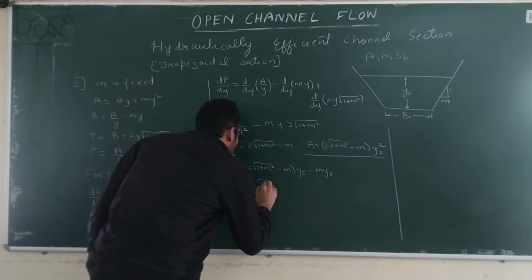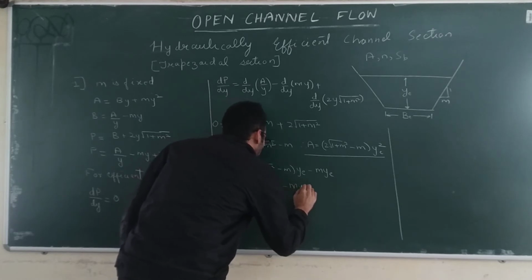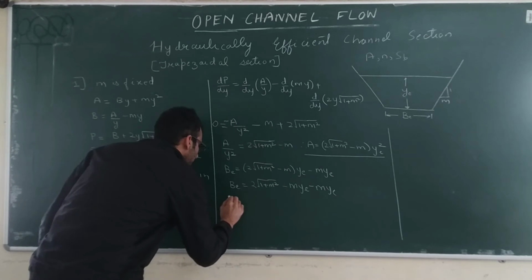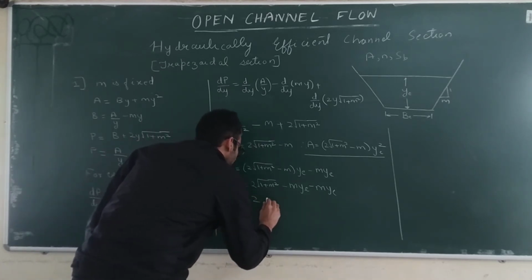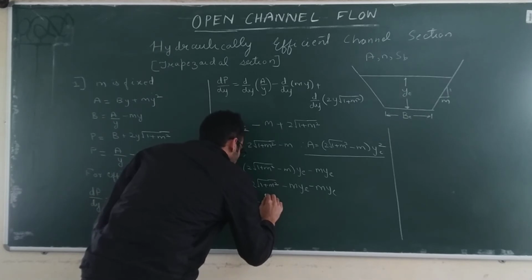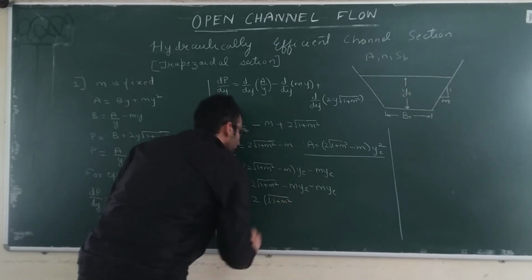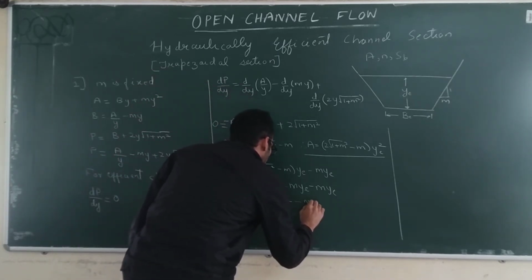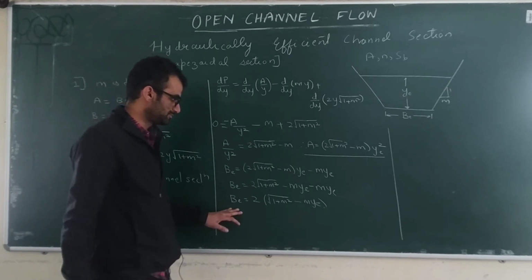So we are having BE is equal to 2 under root 1 plus m square minus MYE. Okay, so this is the expression for BE.